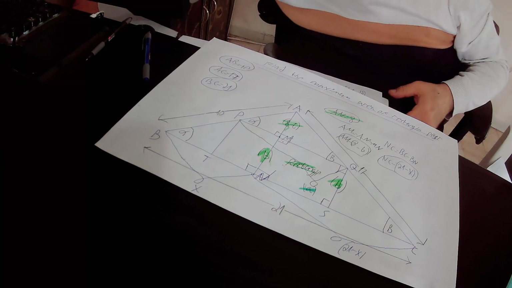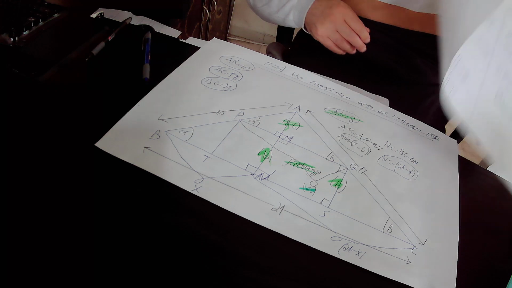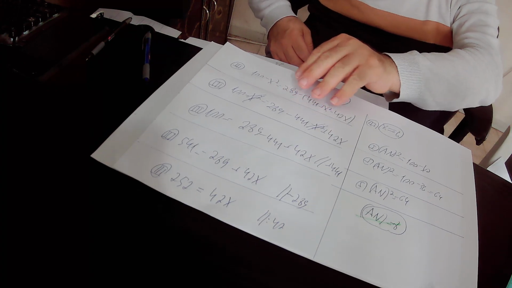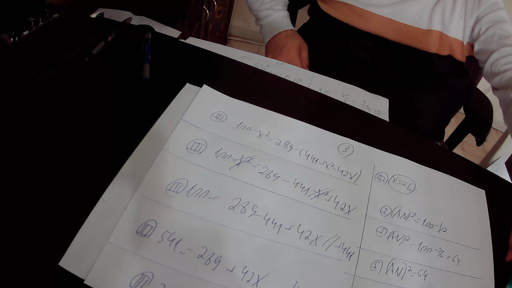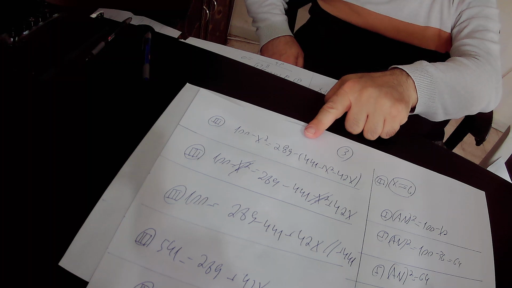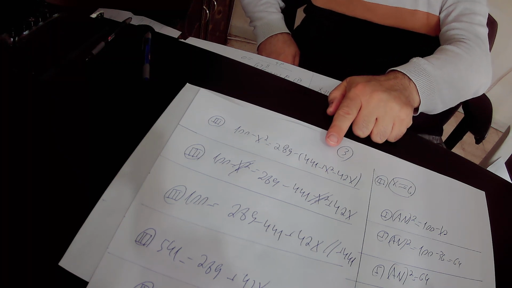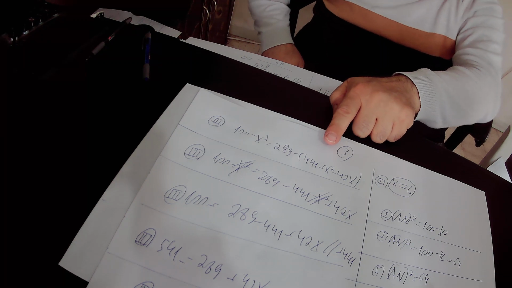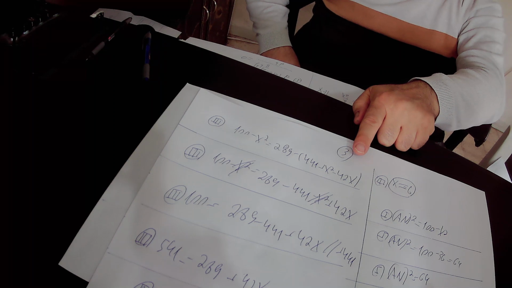And so according to equation 3, 100 minus x square equals 289 minus (21 minus x) square, and (21 minus x) square equals 21 squared, that is 441, plus x square, minus 2 times 21 times x, which is minus 42x.